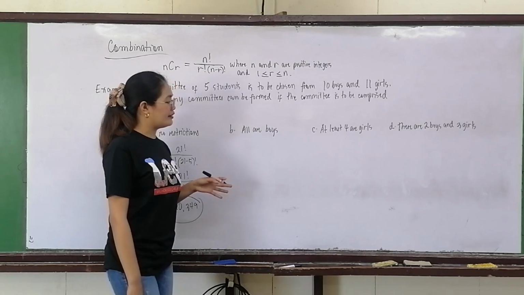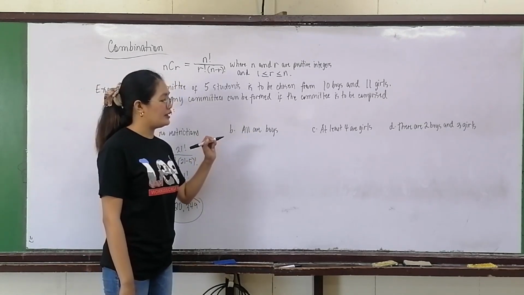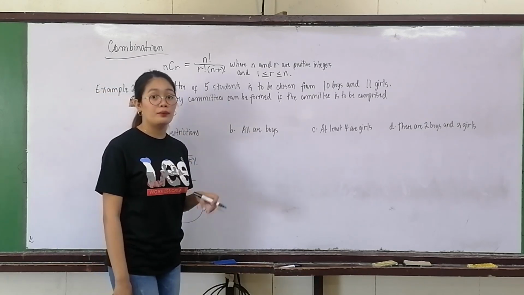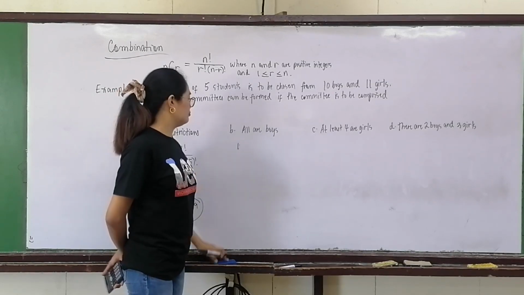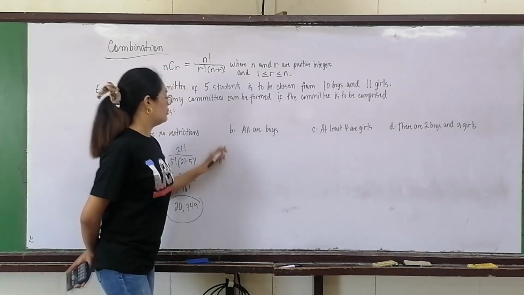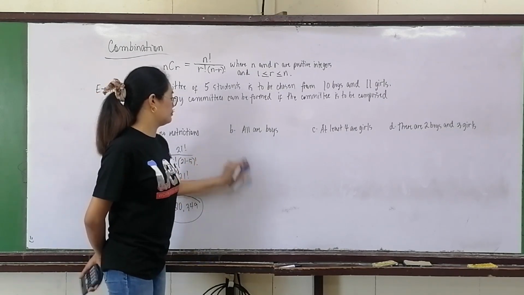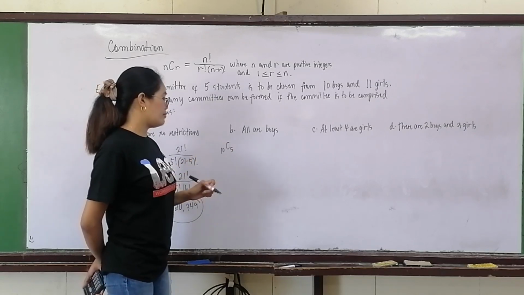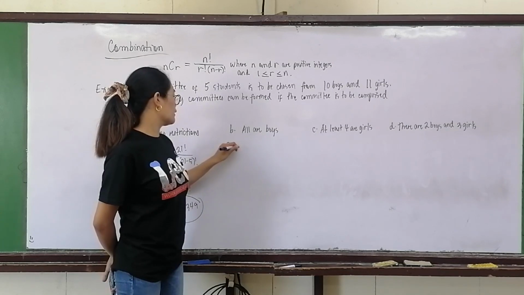For our next item, we have all boys. This is our condition, meaning the committee will be comprised of all boys. No girl will be chosen. So with this, we have the combination of 10 taken 5, meaning out of 10 boys, we will be choosing 5 to form our committee.